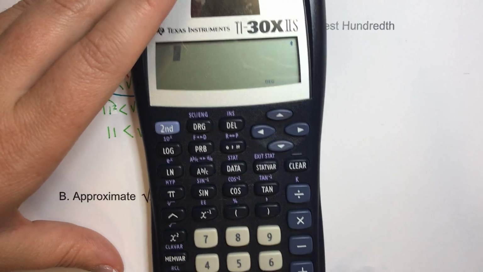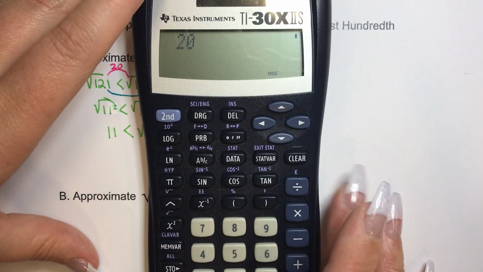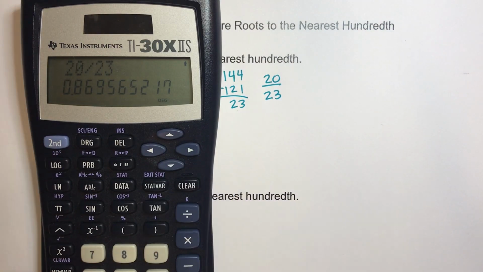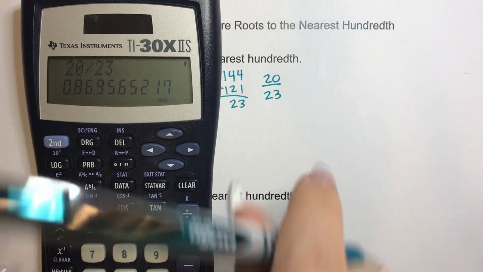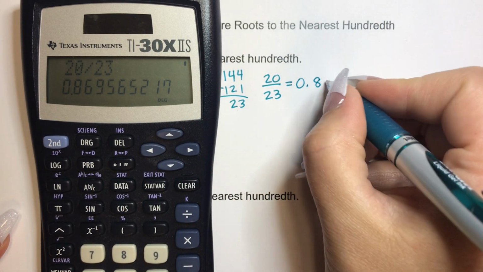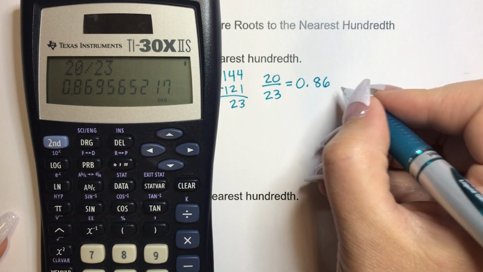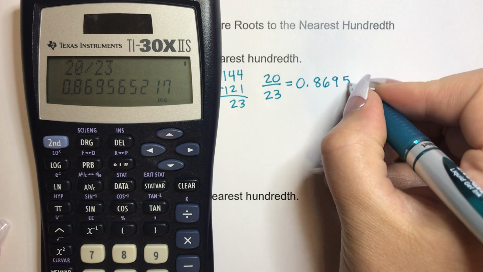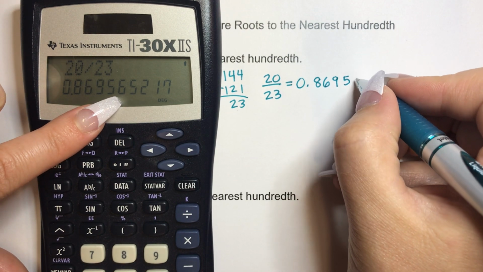1 divided by 23 ends up being 0.869 and a 5, and that 5 is going to round up to a 7.